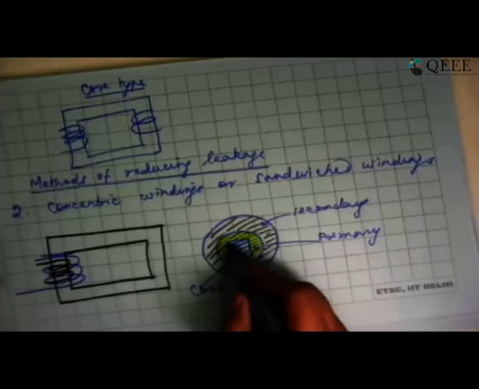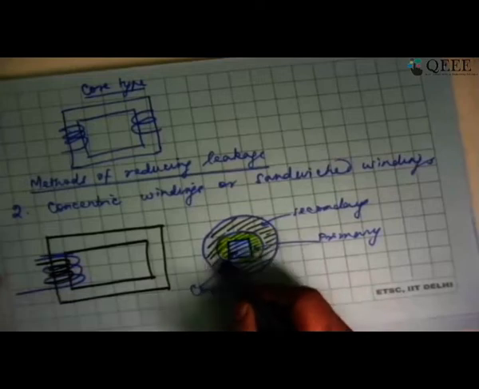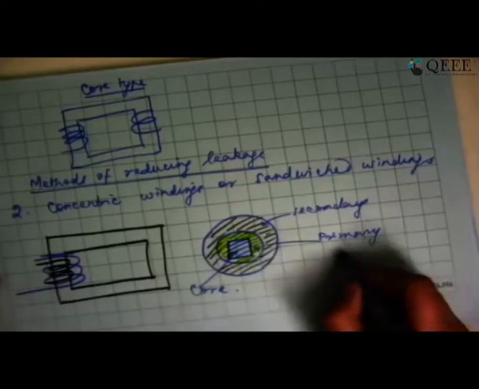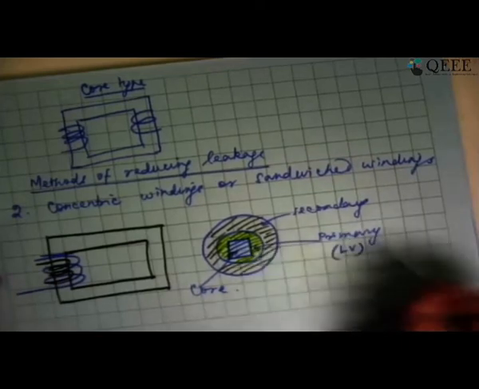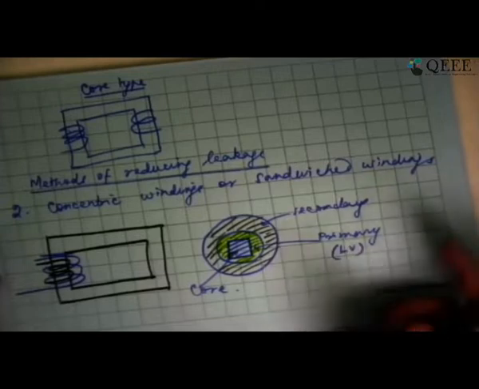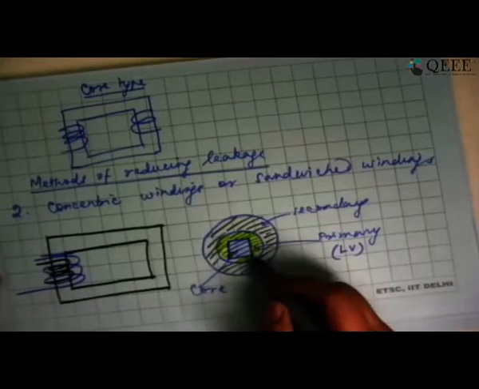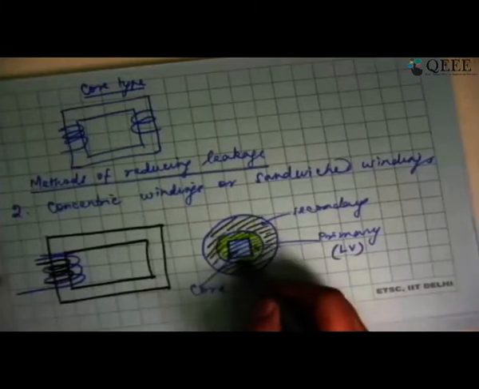By the way, the core is also a conducting material. So the primary winding has to be insulated from the core. So if it is a low voltage winding, it is easier to insulate because higher the voltage, thicker will be the insulation. Then it will be difficult because you have to make very, very thick insulation, and to wind it around the core as inner circle, it is going to be more of effort.